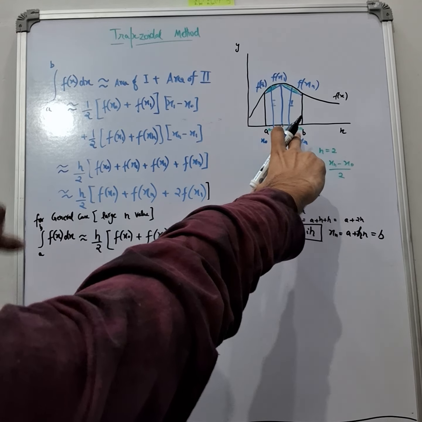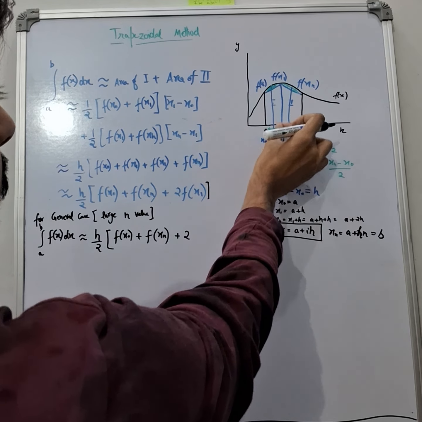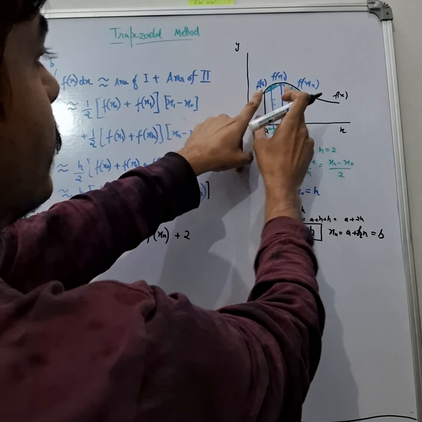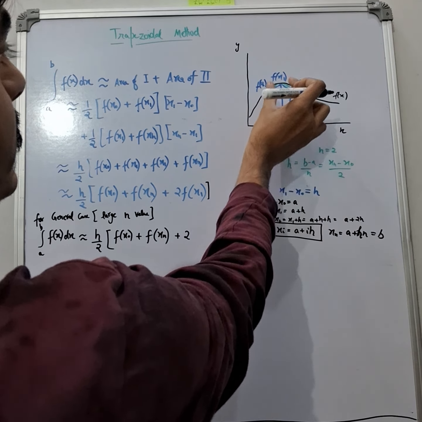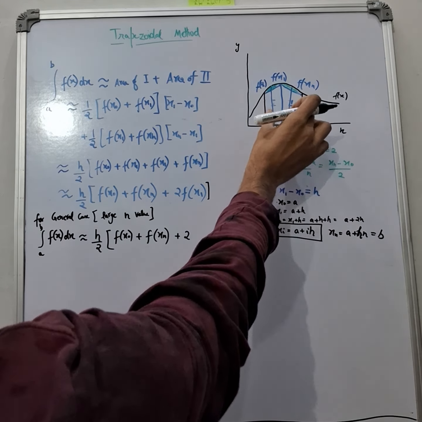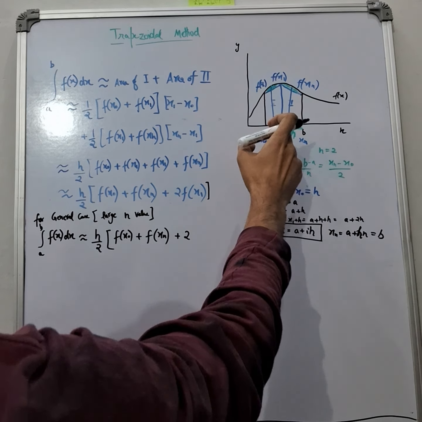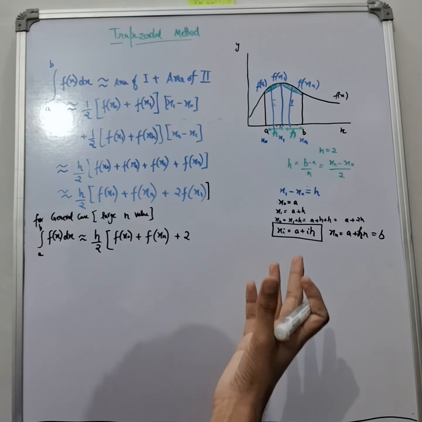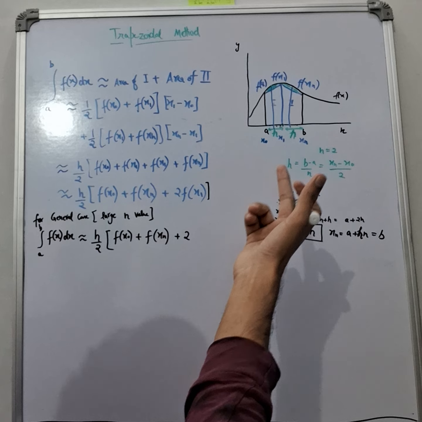Now this is an important thing. When we calculated it for two regions, we had one coinciding point, one for this trapezoid and second for this trapezoid. So for n number of intervals we'll have n minus 1 intersecting lines.